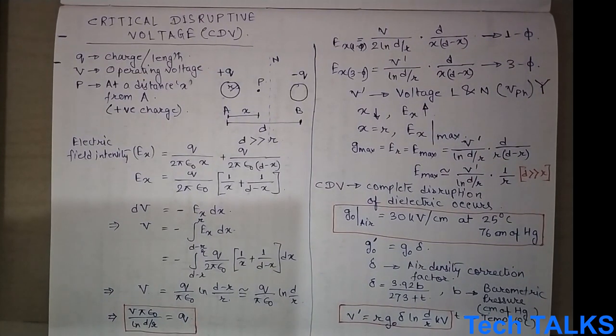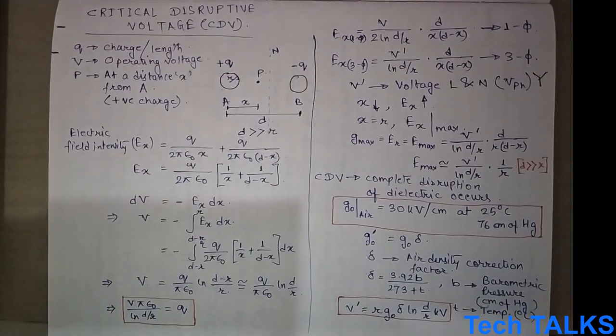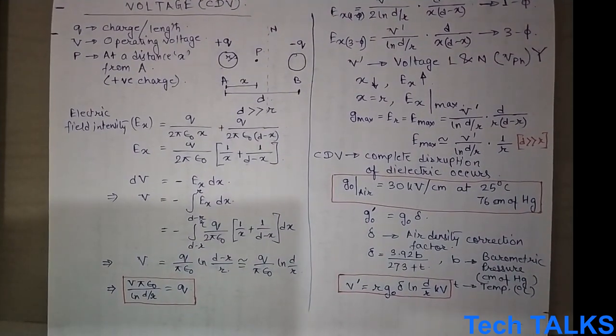When dust particles and other things deposit on the conductor, the breakdown voltage of the stranded conductors is less than the smooth one. That means you require a much lesser voltage to disrupt the dielectric, that is, to disrupt the air. That means this voltage almost goes down.